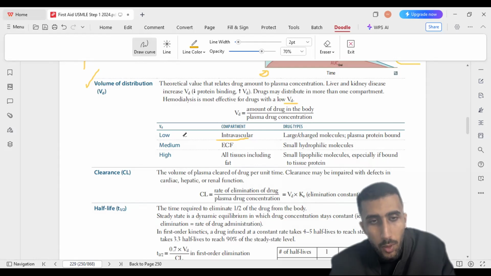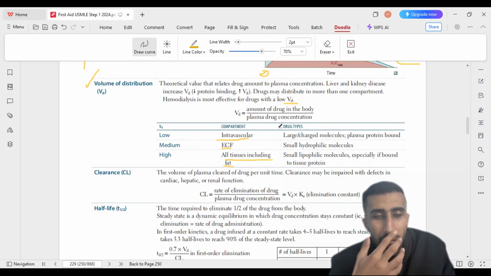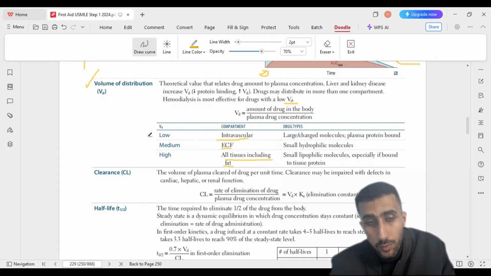So this is the table. There are low volume of distribution, medium, and high volume of distribution. By low volume of distribution, we just mean intravascular. Medium volume of distribution means intravascular plus extracellular fluid. But by high volume of distribution, we mean the drug distributes in all the tissues, including the fat. So there are drug types or criteria for different drugs to be categorized into the different kinds of volume of distribution.